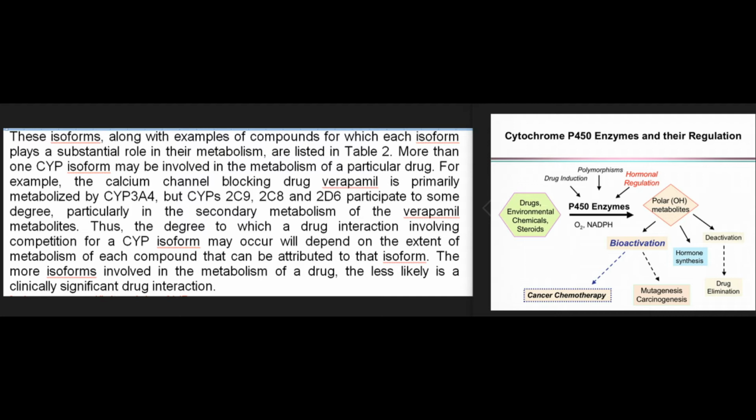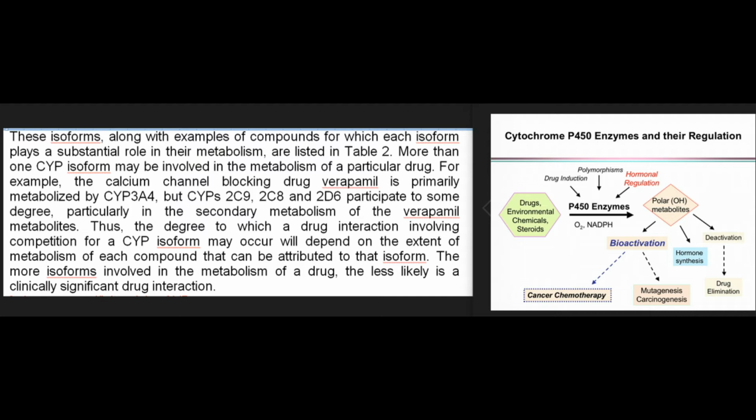More than one CYP isoform may be involved in the metabolism of a particular drug. For example, the calcium channel blocking drug verapamil is primarily metabolized by CYP3A4, but CYPs 2C9, 2C8, and 2D6 participate to some degree, particularly in the secondary metabolism of the verapamil metabolites.